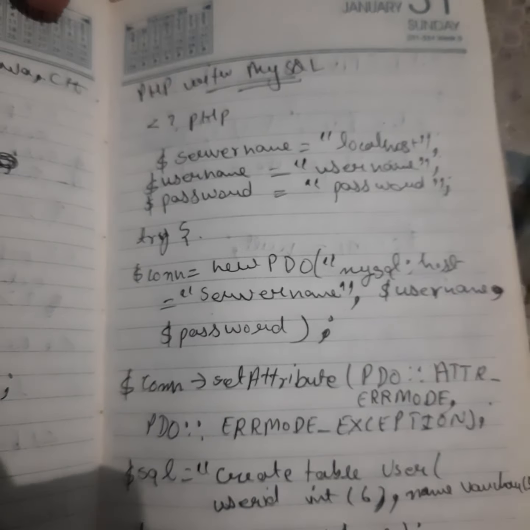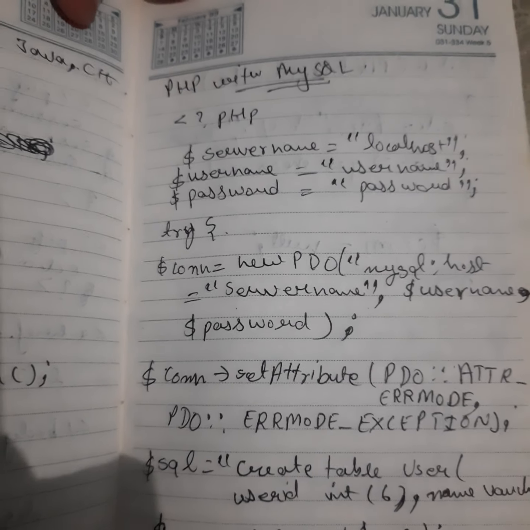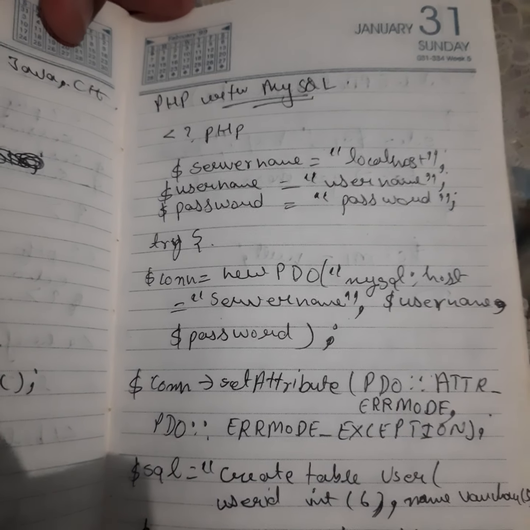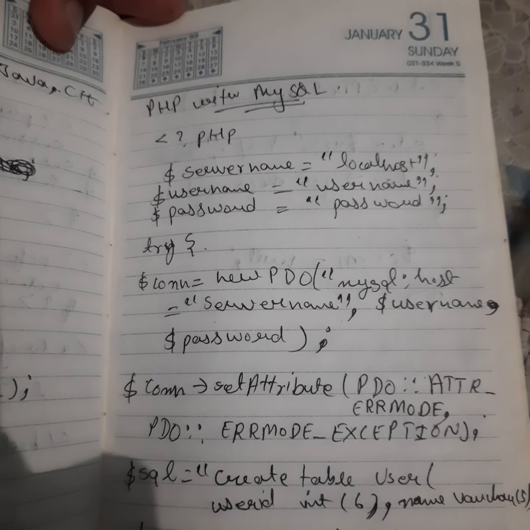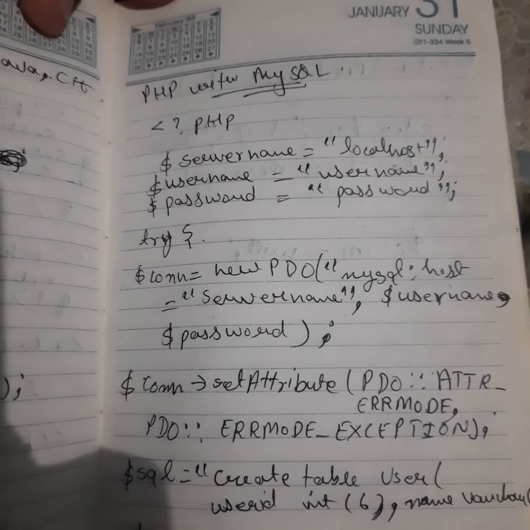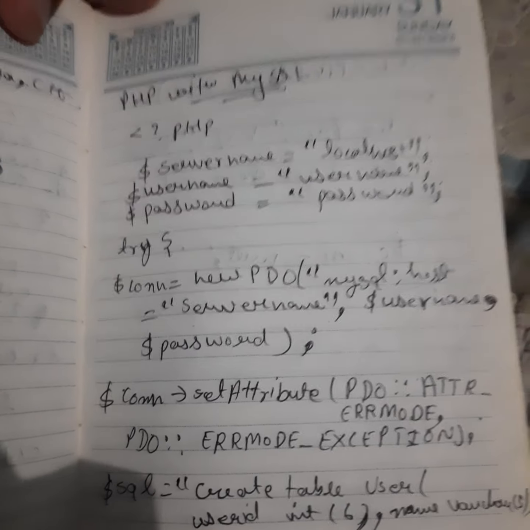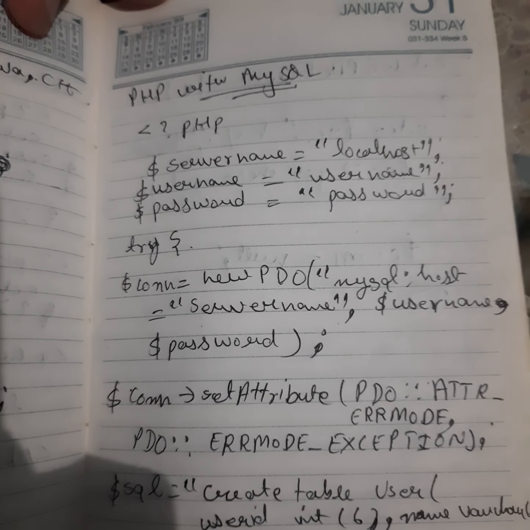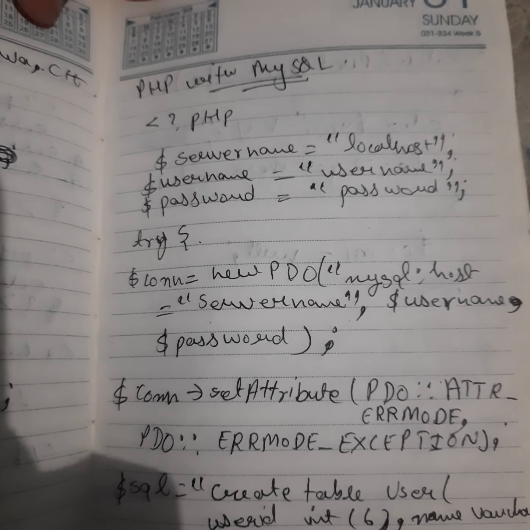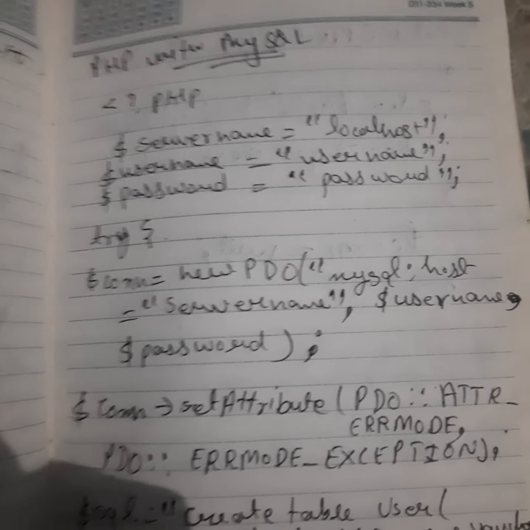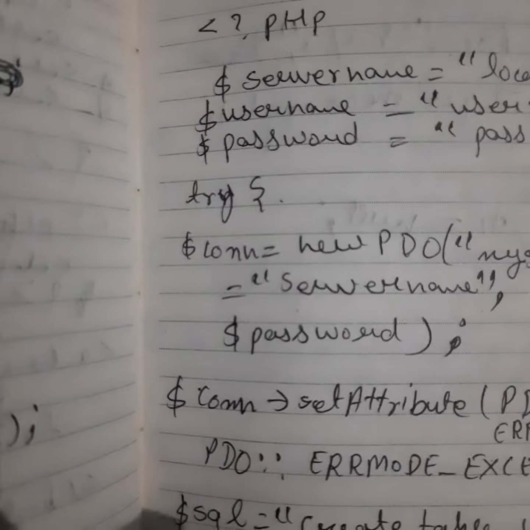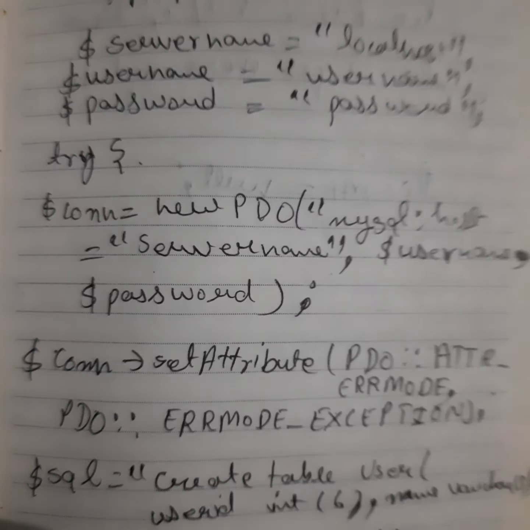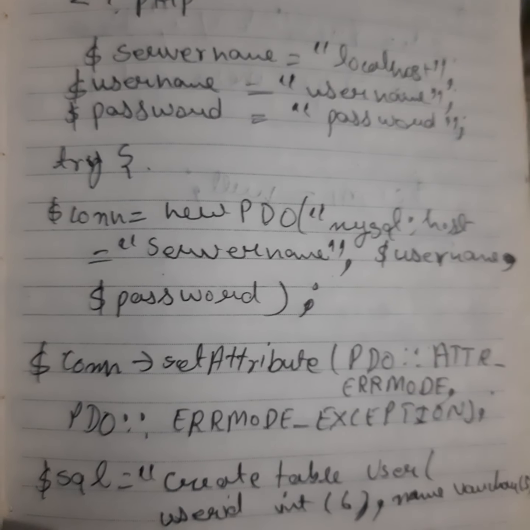Connection of PHP with MySQL. In PHP, first you declare the server name, username and password. Server name is localhost, username and password are whatever you set. In exception handling we use a try and catch block to connect to MySQL.